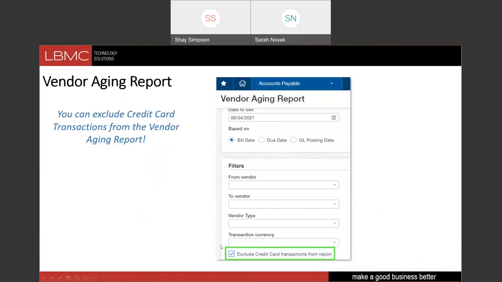Because those credit card transactions are going to a separate GL account, a credit card liability account. So if we exclude the credit card transactions and we run our vendor aging, technically our vendor aging should be tying to our AP trade account in the GL. It should be a one-to-one relationship because we're not looking at any other AP account. We're just looking at the one. So that's something good to notate.